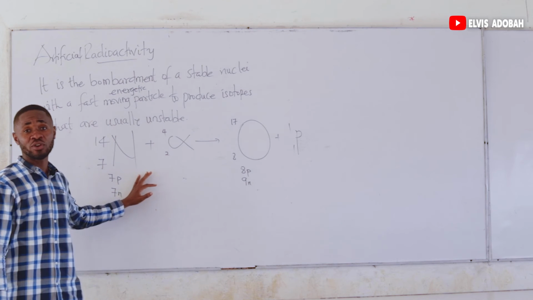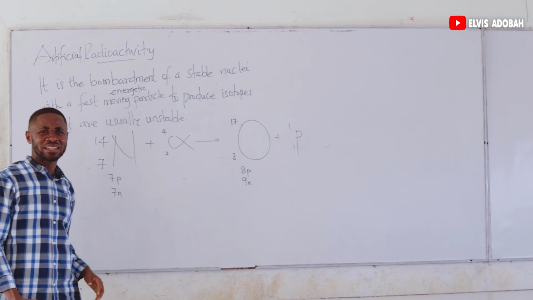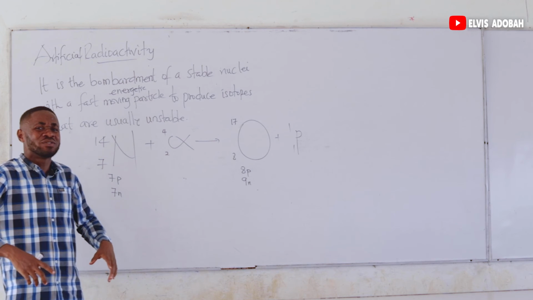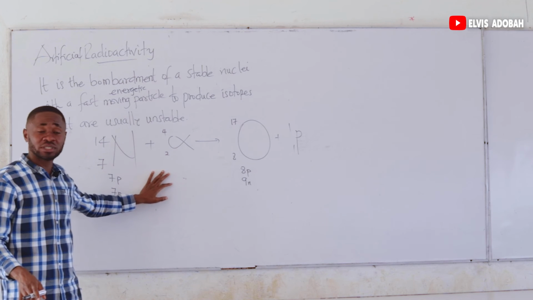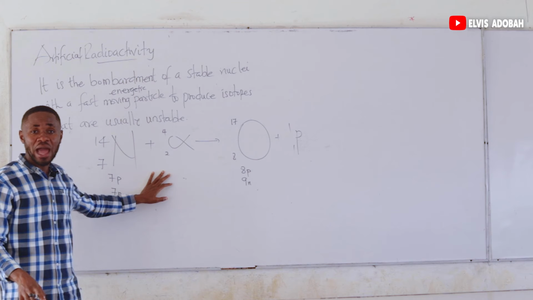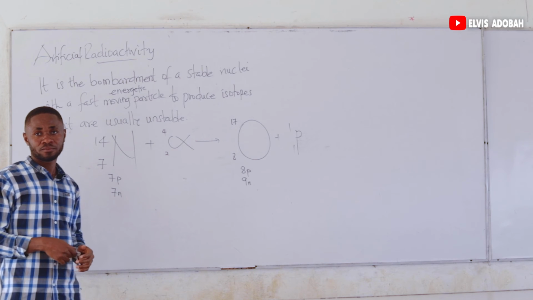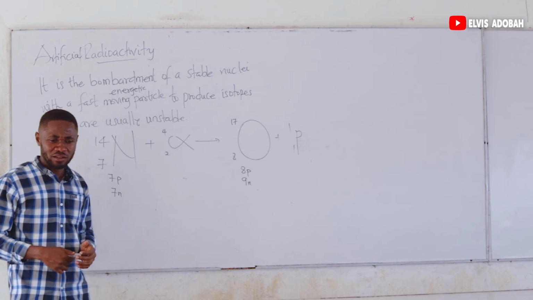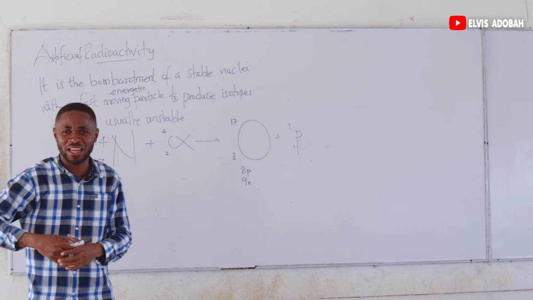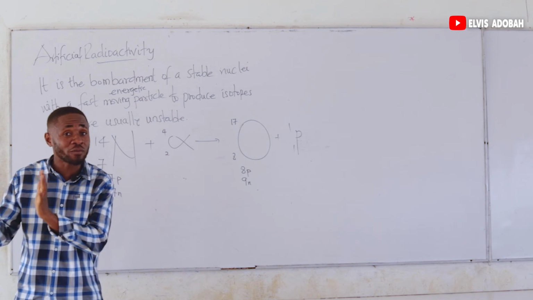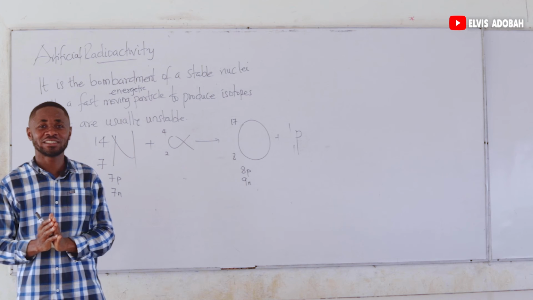This is artificial radioactivity. Someone might ask, why do we need artificial radioactivity at all? This is how some elements are created. Elements like the trans-uranium elements, the elements after uranium, most of them are produced artificially.